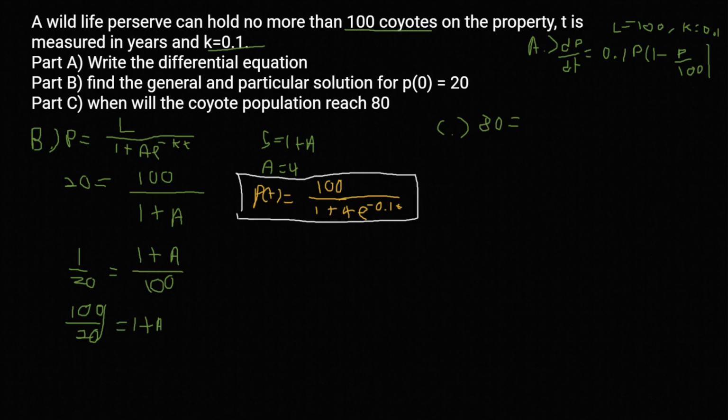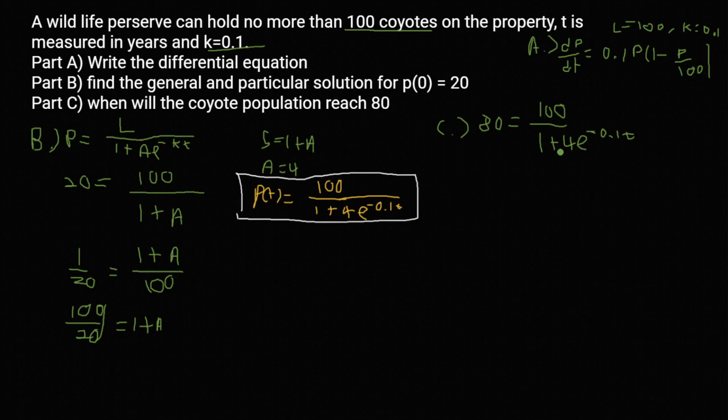And if we hadn't memorized this form, then we would have to have manually integrated this. And I don't want to deal with any more partial fractions, so we're just going to memorize this form. And so we're going to set 80 to be 100 over 1 plus, but this time we have 4 e to the negative 0.1 times t. And we need to solve for t.